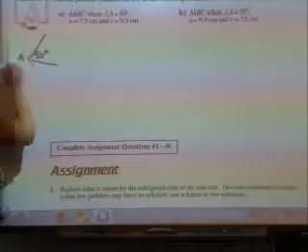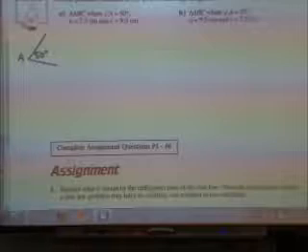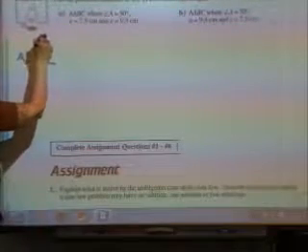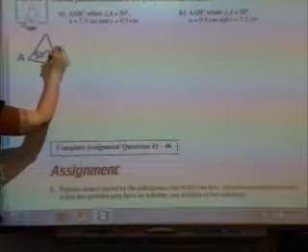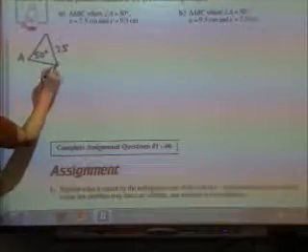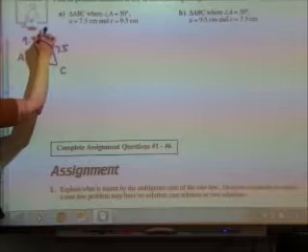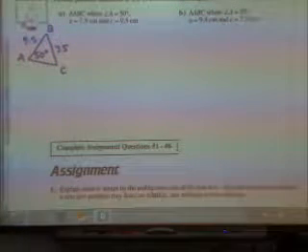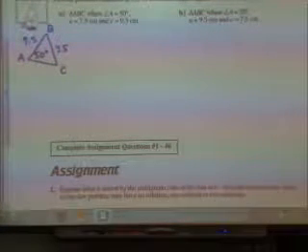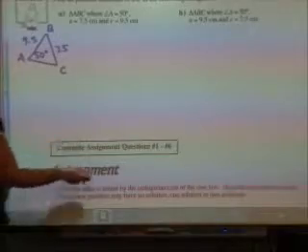And that's angle A. Side A is 7.5 centimeters. And side C is 9.5 centimeters. So I'm asked to calculate this angle.